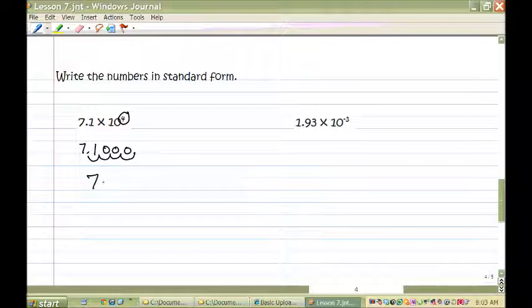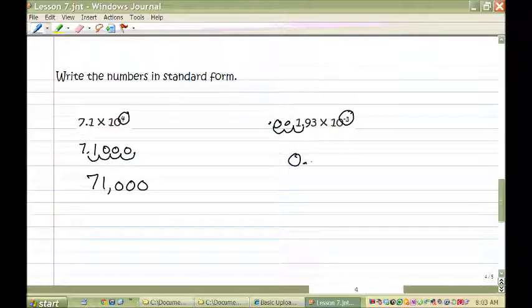So this would be 71,000. This one is a negative 3, so I'd move it to the left. 1, 2, 3. And fill these spots with zeros. Now, it's a good idea to put a 0 out in front, that leading 0, because it looks better. And we don't miss seeing the decimal point then. Okay?